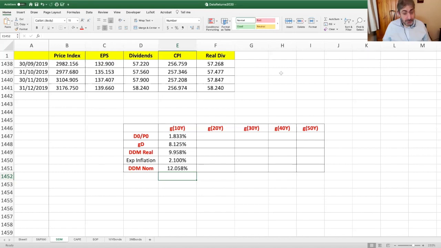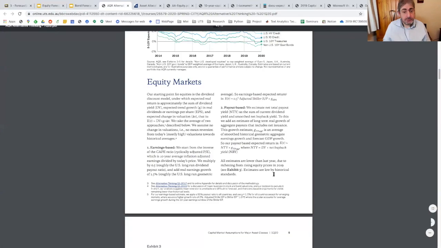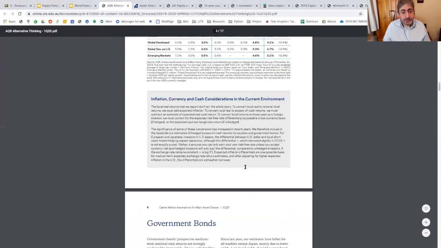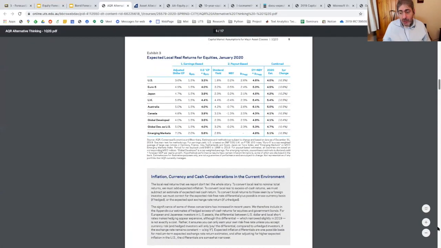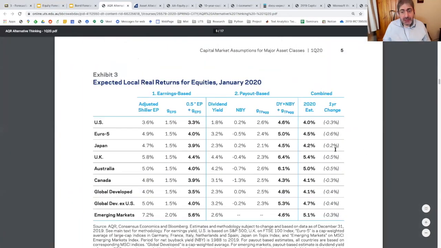Now, the problem is this number. This number makes no sense whatsoever. If we go back to AQR, we see that their forecasting is 4%. Okay?